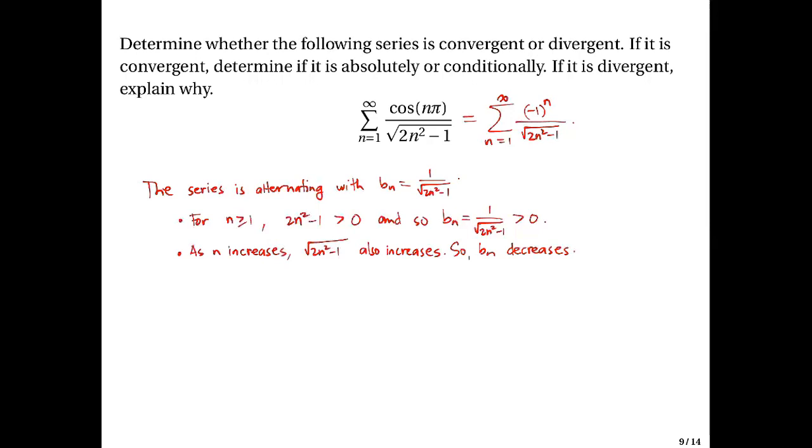Finally, we get the limit as n approaches plus infinity of b_n. This is the limit as n approaches plus infinity of 1 over square root of 2n squared minus 1, which is equal to 0.